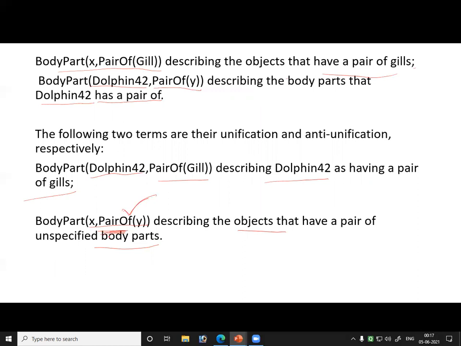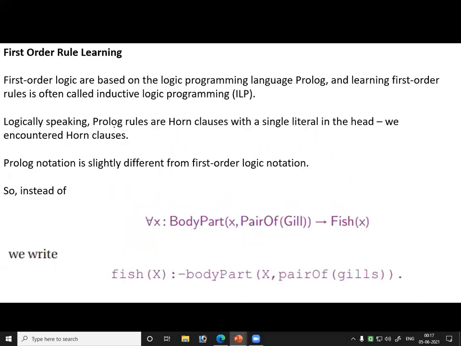This is the terminology. Let us see now first order learning. First order logic is based on the logic programming language called Prolog.